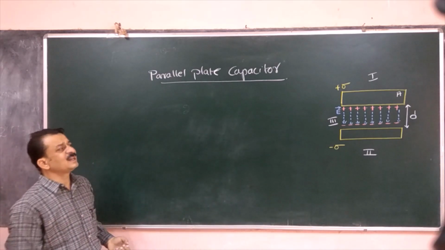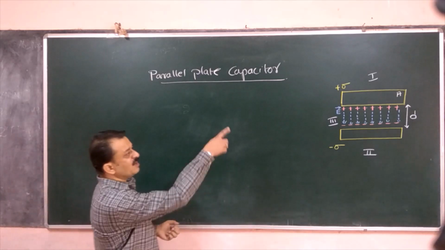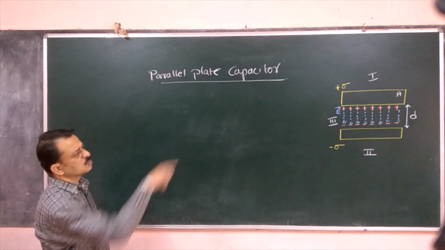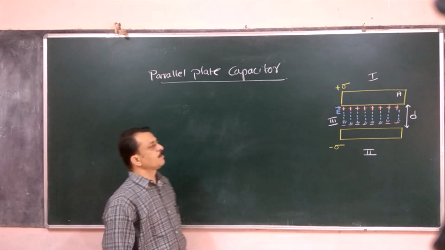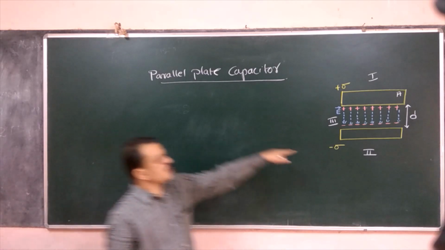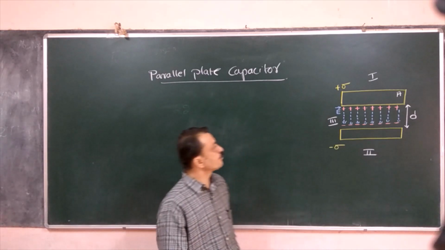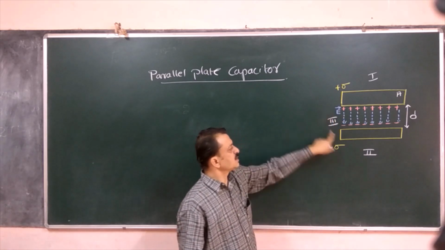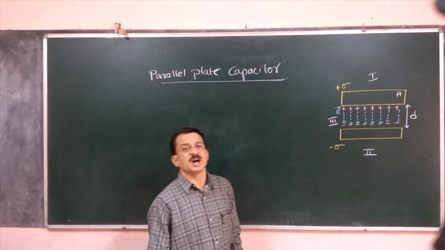Now we have to obtain an expression for capacitance of a parallel plate capacitor. For that, we consider two rectangular parallel plates of area of cross section A and separated by a small distance d. Now the first plate is positively charged and the second plate is negatively charged.